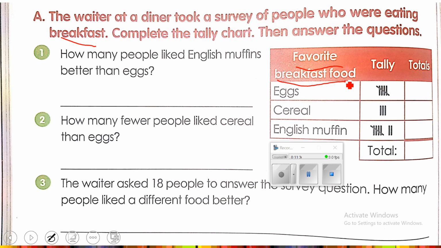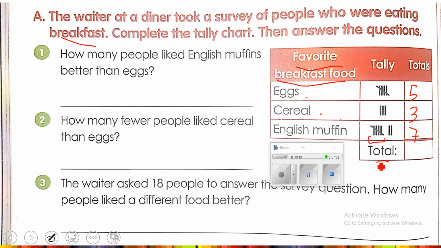They are eggs, cereal, and English muffin. How many people prefer to eat eggs? Yes, group of 5. How many people prefer to eat cereal? Perfect, 3. And English muffin? Very cool, 5 and 2, 7.